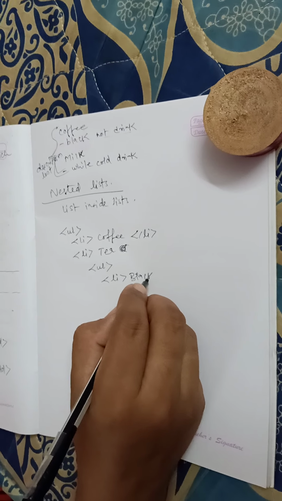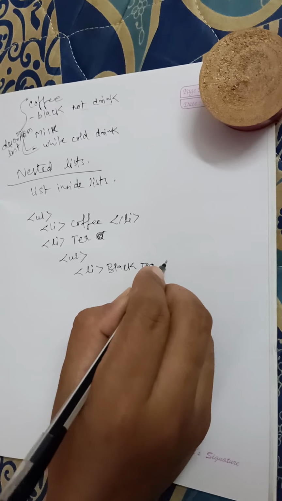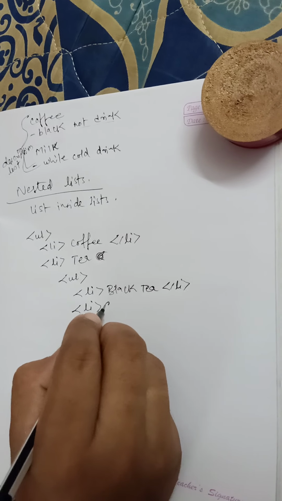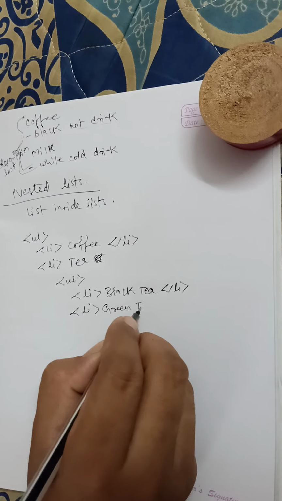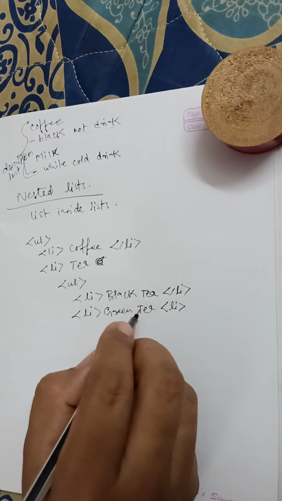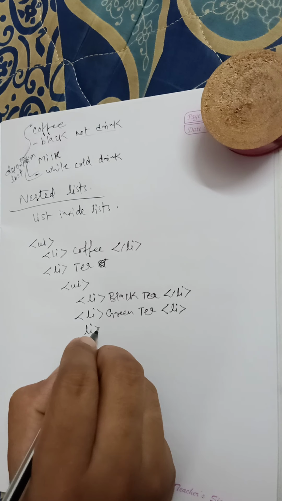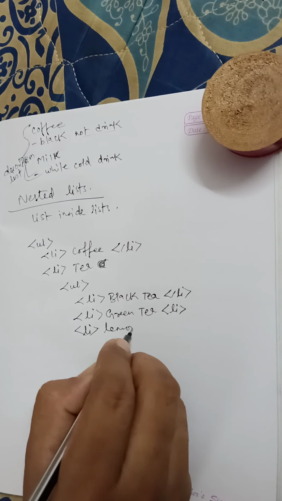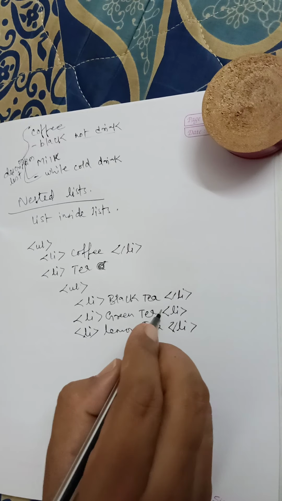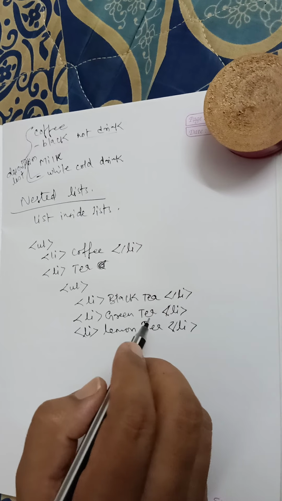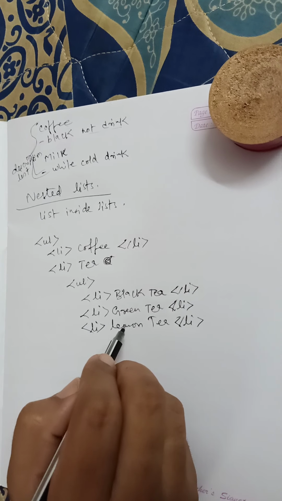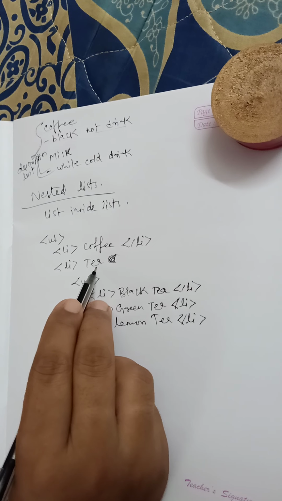This is my, suppose, black tea, then next item is suppose green tea, suppose lemon tea. Okay, so three different types of teas I have mentioned below the name tea.